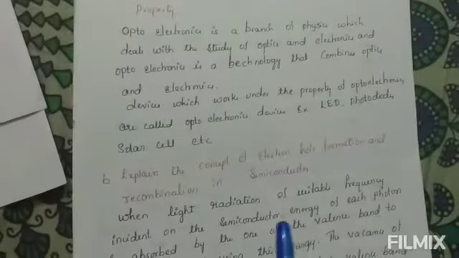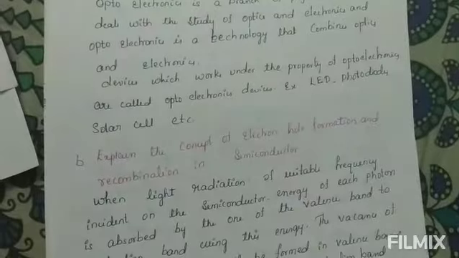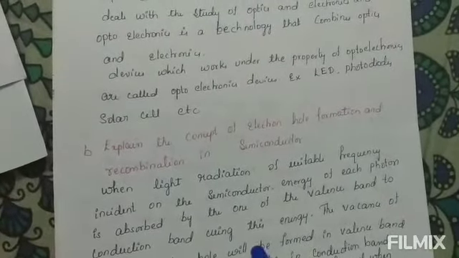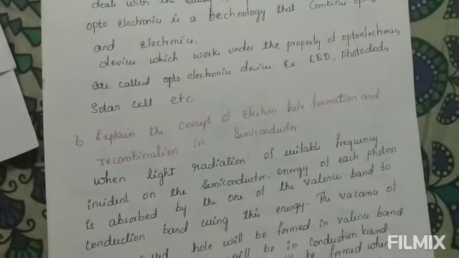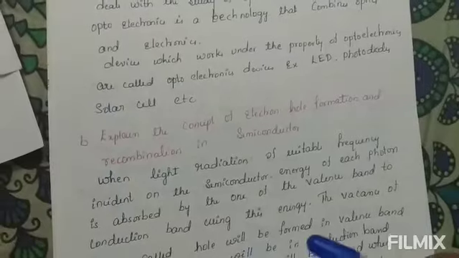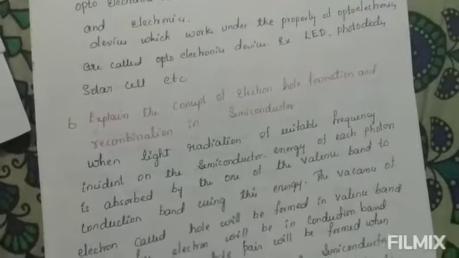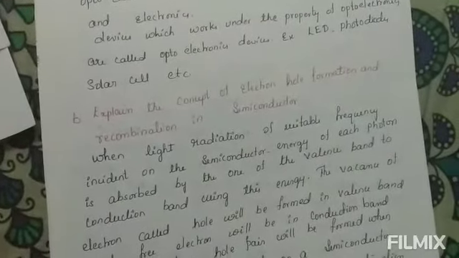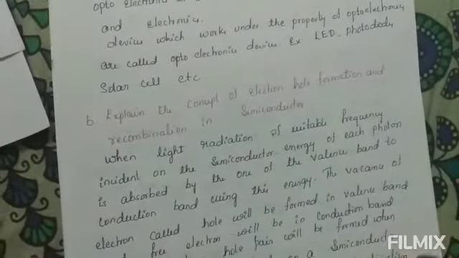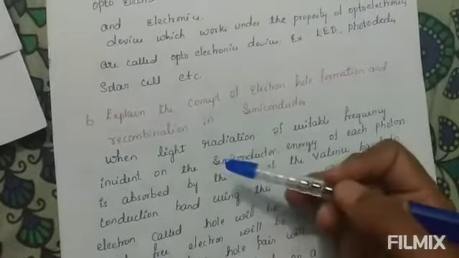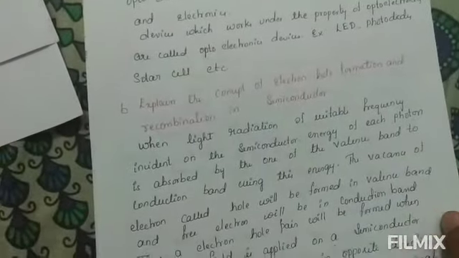We know that when light radiation of suitable frequency is incident on a semiconductor, the semiconductor, consisting of a valence band and a conduction band, with holes in the valence band and free electrons in the conduction band, absorbs the radiation. The electron in the valence band moves to the conduction band. Then a hole is formed in the valence band and a free electron in the conduction band, so that an electron hole pair is created.